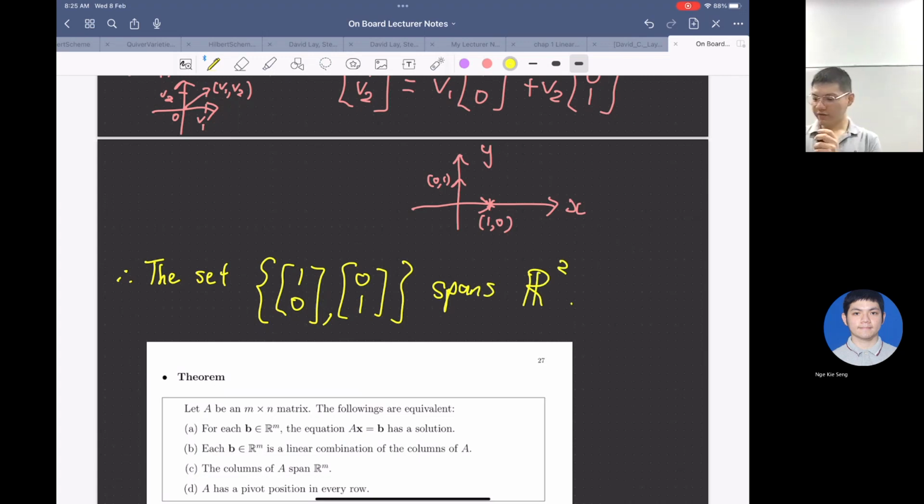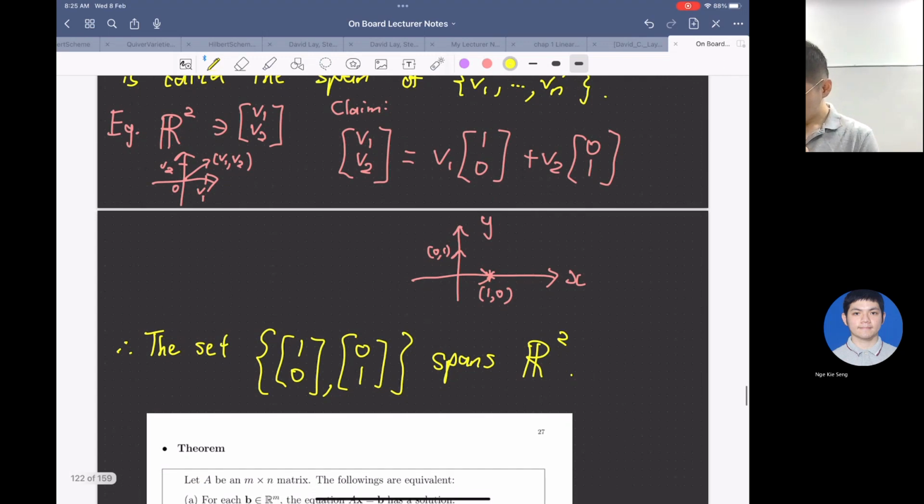Because if we take every vector in R2, we can split them as a linear combination of (1,0) and (0,1), just using scalar multiplication and vector addition. Two operations, scalar multiplication and vector addition, these two operations only. So we will say that this set spans R2.